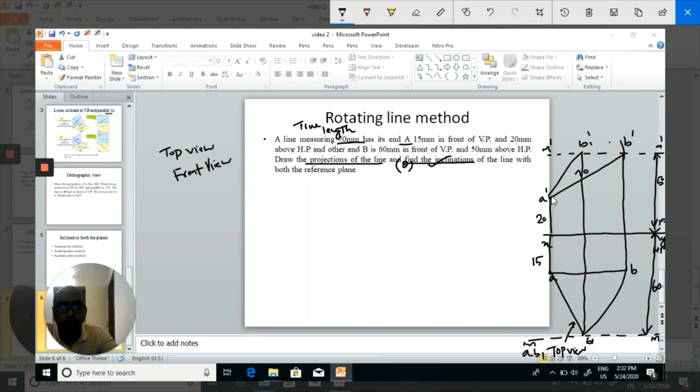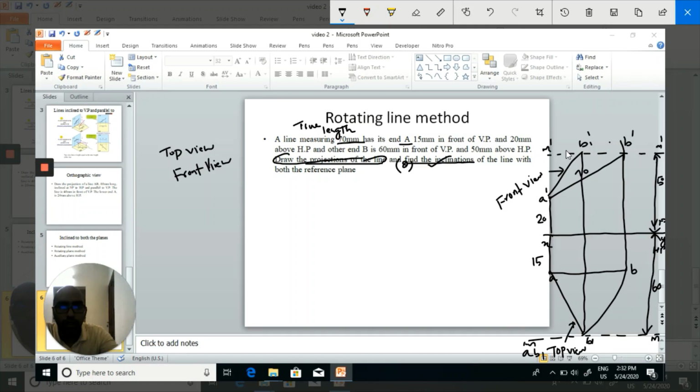So this is the front view of the line AB. So we got the first part of the problem, the projections of the line, top view and front view.